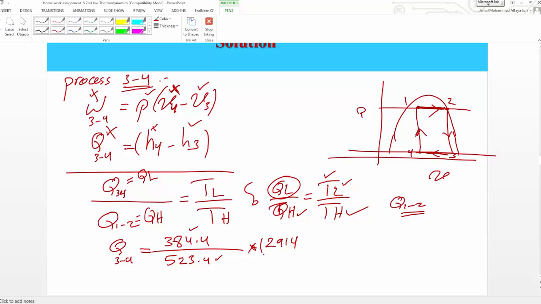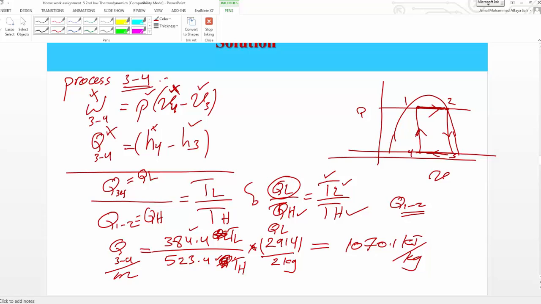This is TL, and this is TH, right? And that's going to give you QL, or Q rejected, as 1070.1 kilojoule per kilogram, right? You have to divide by the mass here, remember, because this is by the mass again.